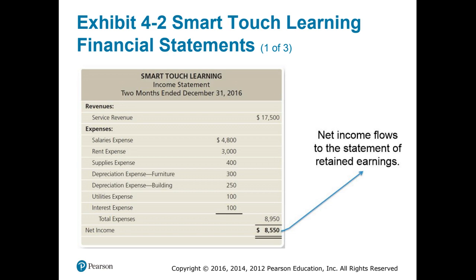We're going to place the balances that are in each of those expense accounts for the 2 months ended December 31st. And then we're going to add all of this up to give us our total expenses. And then we're going to take revenue minus expense equals net income. So this is our net income.